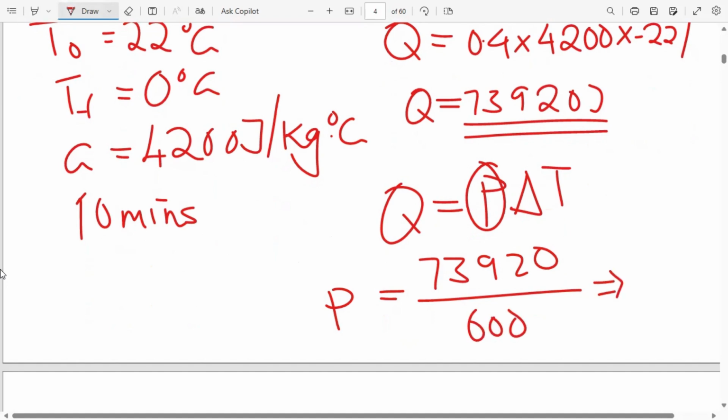That means the rate at which the energy is being lost is 123.2 watts.